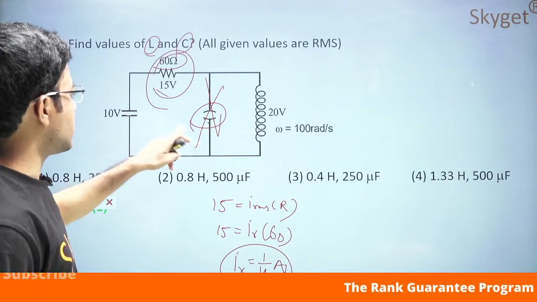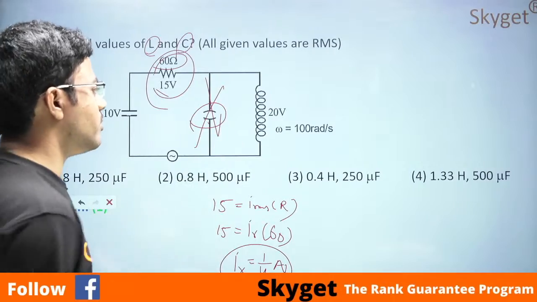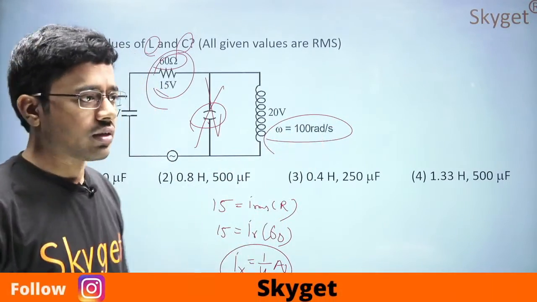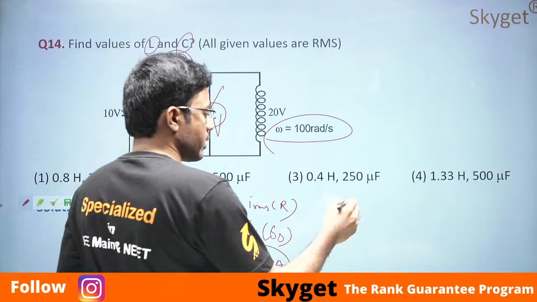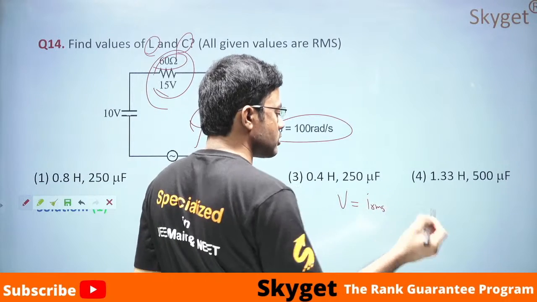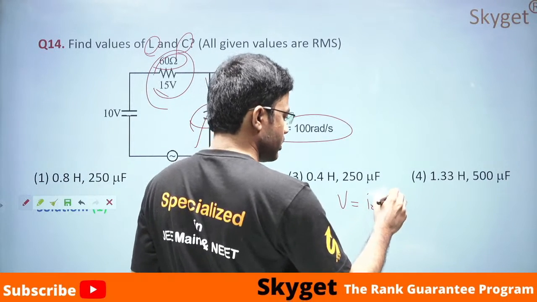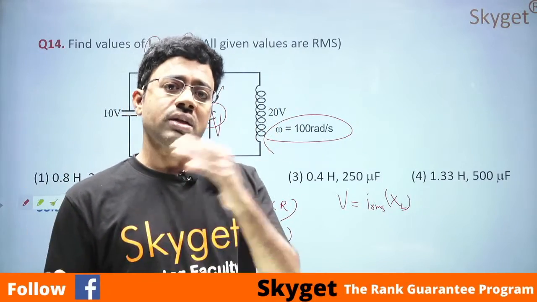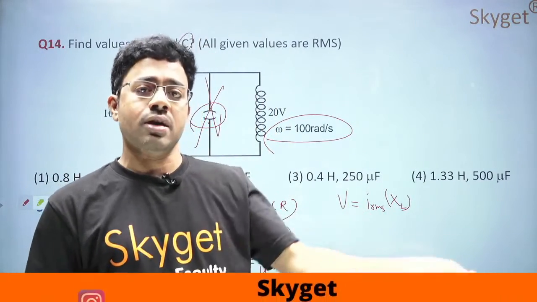So you got the value of IRMS. Now let us come to the case of inductor, where they have given the angular frequency for this device is 100 radian per second. When you consider the inductor, V is equal to the current IRMS into the resistance offered by the inductor, that is called the reactance of the inductor, because here the inductance offers the resistance by producing back EMF.